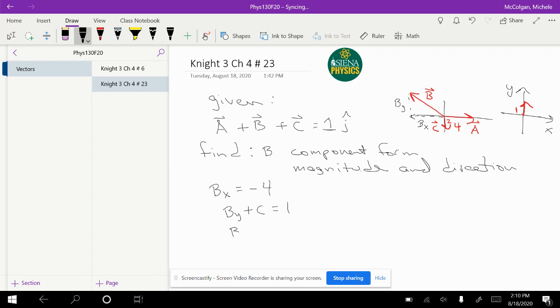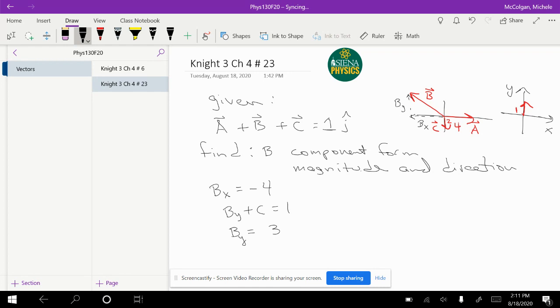That makes sense because By needs to cancel the 2 in the negative direction, which gives me 2, and then it needs to be 1 more in the y to give me the resultant y. So sorry, this is a y, and By is in the positive direction because this is pointing up. These two components make up this B vector, so my Bx is -4 and my By is 3.